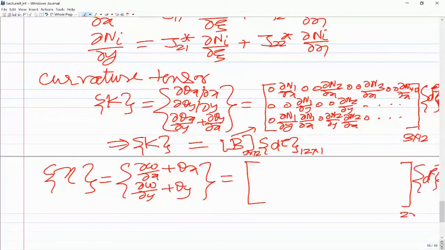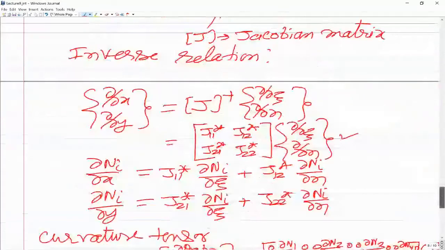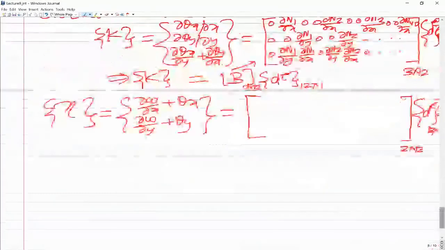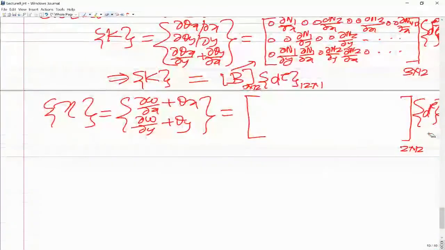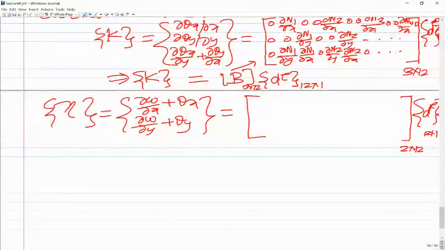So this would be 2 by 12 and this would be 12 by 1. D, I think you can now understand, is 12 by 1. D will consist of W1 theta x1 theta y1, W2 theta x2 theta y2, W3 theta x3 theta y3, W4 theta x4 theta y4. So that would be your D.